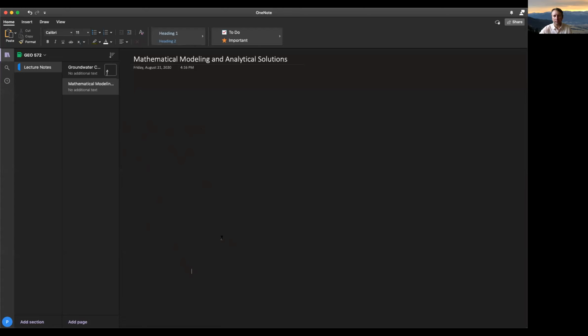So let's start off by considering a mid-ocean ridge. If I can get my trackpad to connect here. All right, we're good.